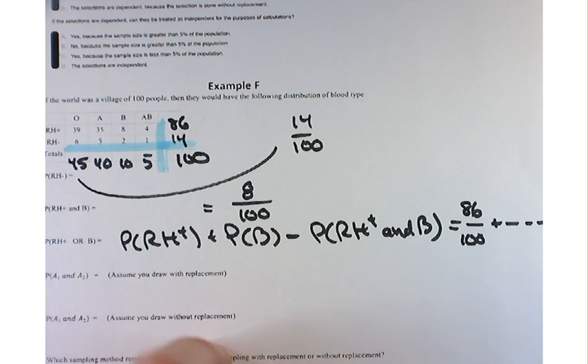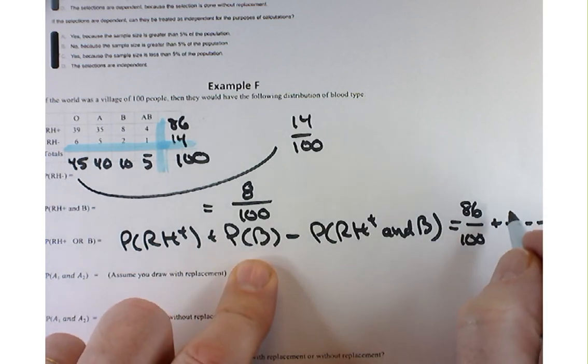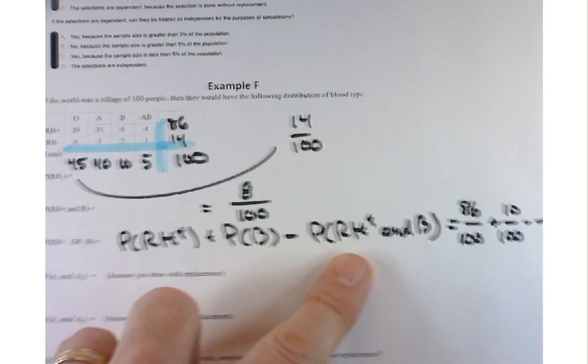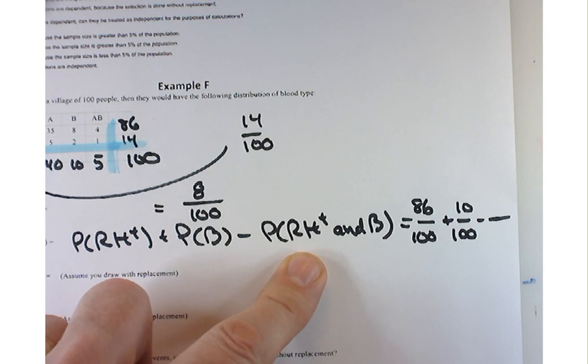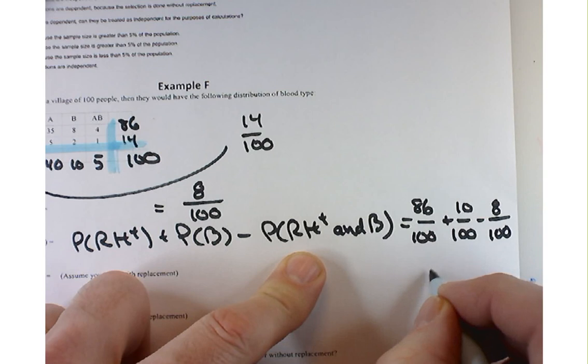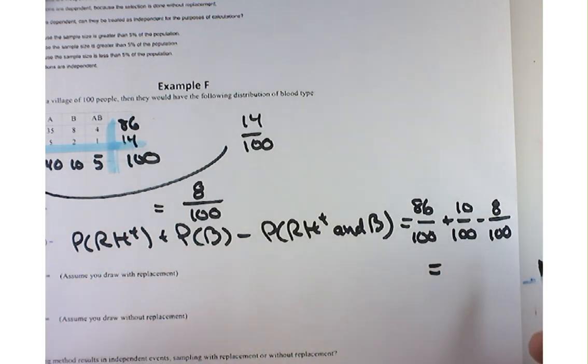How about the probability of type B blood? 10 over 100. Good. Now we got to subtract off that probability of the intersection, but we've already got it. 8 over 100. So overall, we get a total of 88 over 100. Beautiful. That's your final answer there.